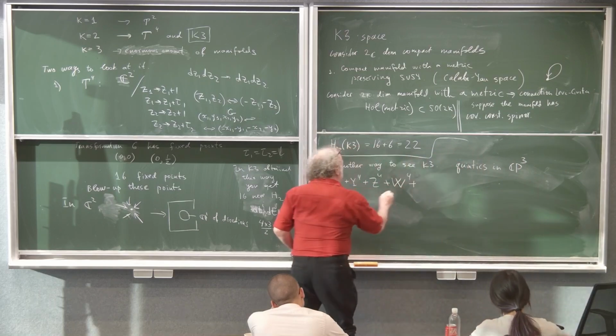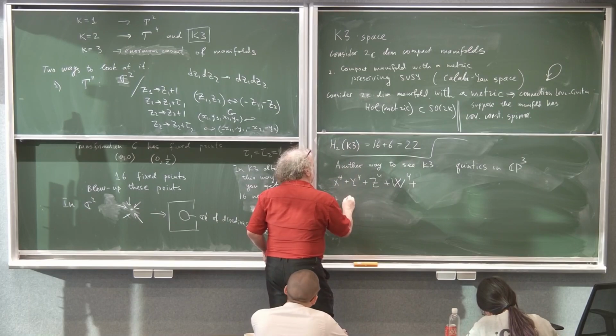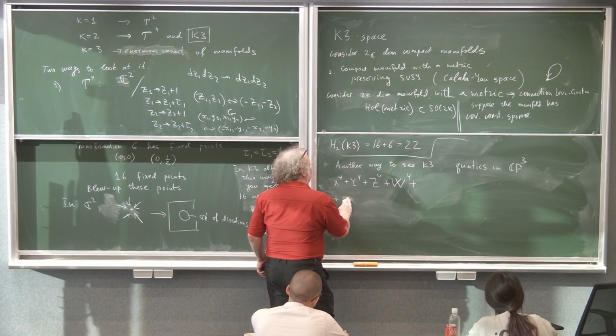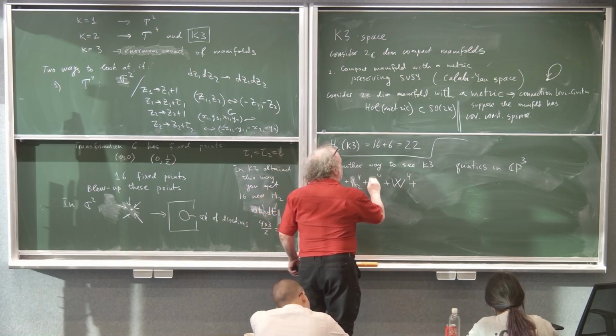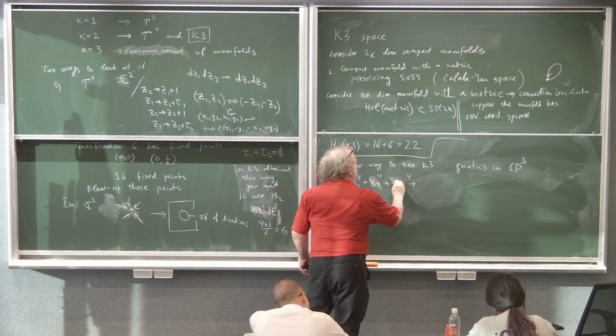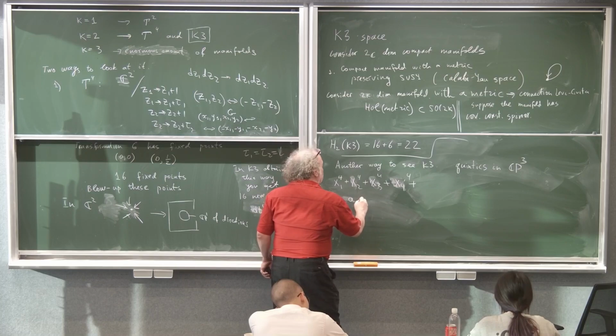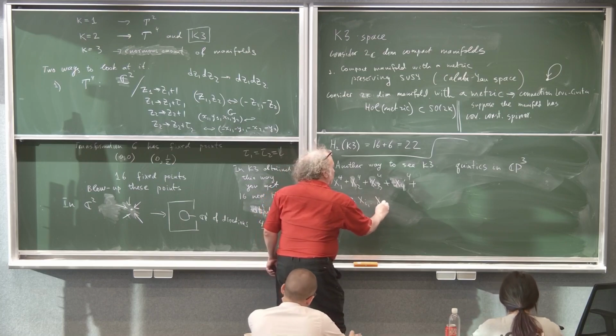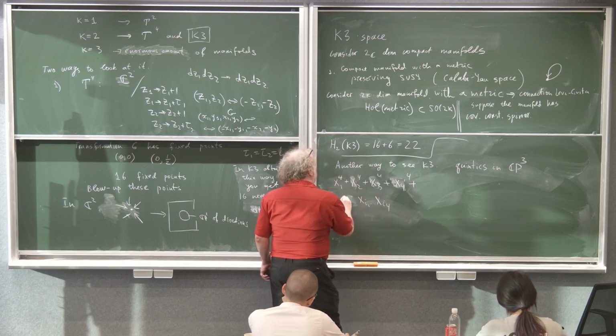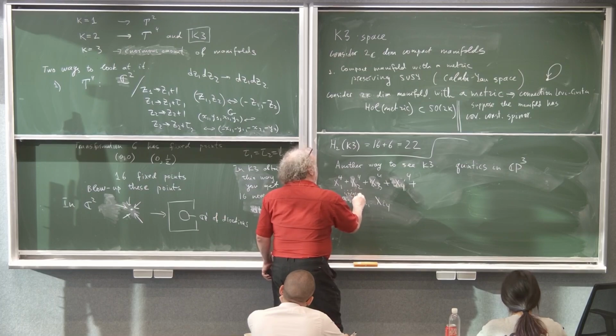So I'm writing down the equation with homogeneous coordinates. Probably it's better to put here x1, x2, x3, x4, and write here something like a_{i1...i4} x_{i1} ... x_{i4}. That's the problem with the coordinates.